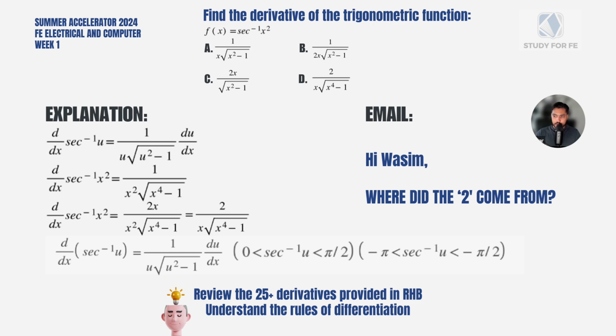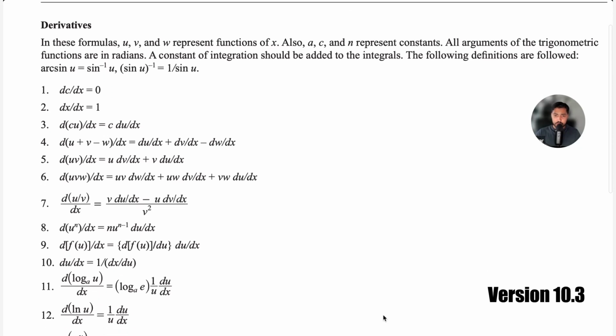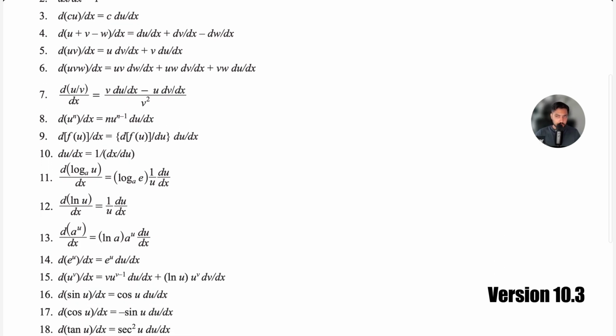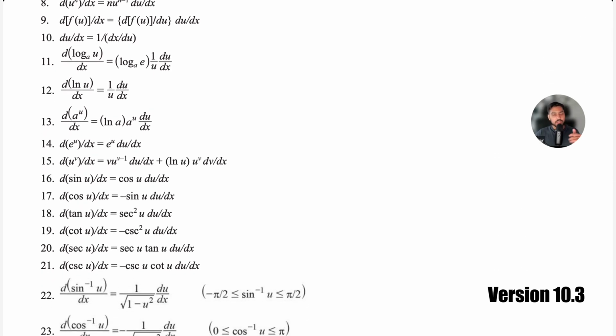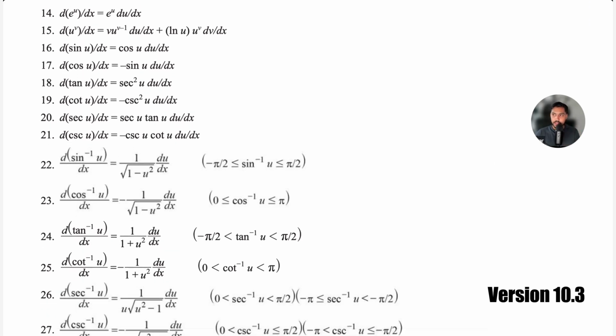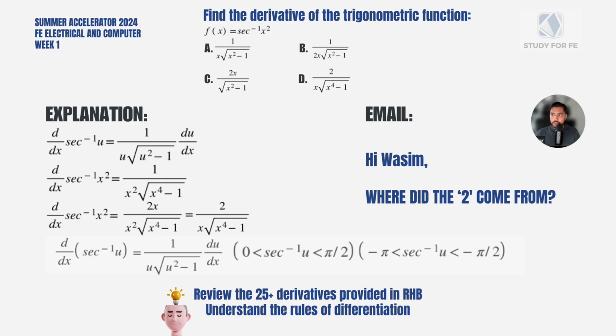I'm referring to reference handbook 10.3. On page number 48, we have 27 derivatives. They are not really identities, but they're derivative formulas.